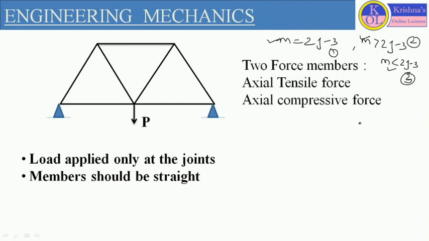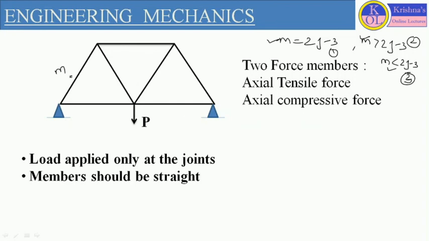Now, how many points do we have to remember when we solve any truss problem? I have discussed a few points in the previous lesson. Whatever truss we have, for example this diagram, has a number of members.